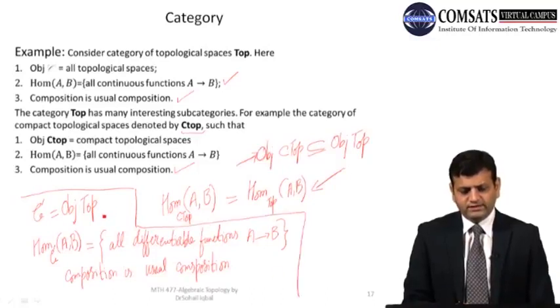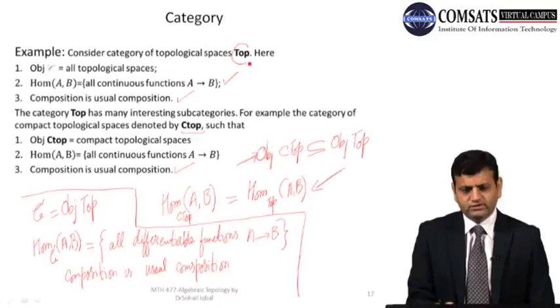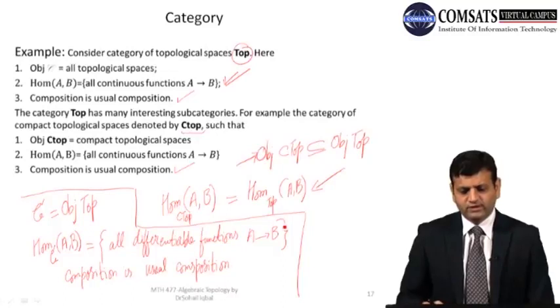Let's relate this category C prime with the category of topological spaces. The objects are the same as the objects of the category of topological spaces, but we have restricted the morphisms. In topological spaces, the morphisms are all continuous functions from A to B, but here we have restricted them to all differentiable functions from A to B. This is a subset, because we know from calculus that every differentiable function is continuous.